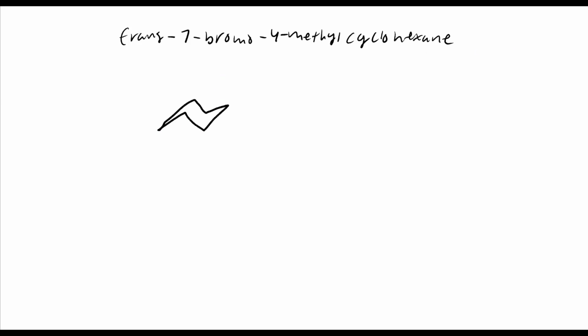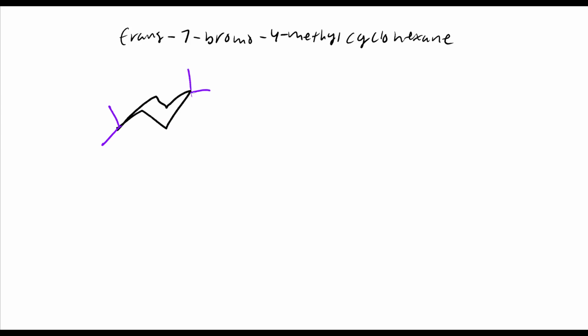So this is how you draw it. It's good practice anyways, drawing it. I like doing axial first and then equatorial. So that's 1, 2, 3, 4, and then axial up here, equatorial.